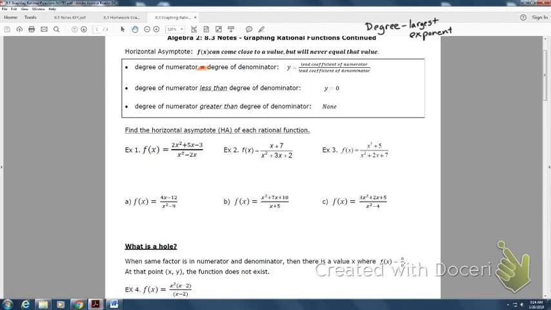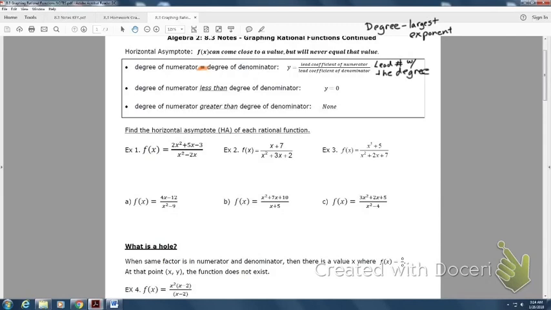So the leading coefficient, what that means, that is, for lack of a better word, the lead number with the degree, which we defined.